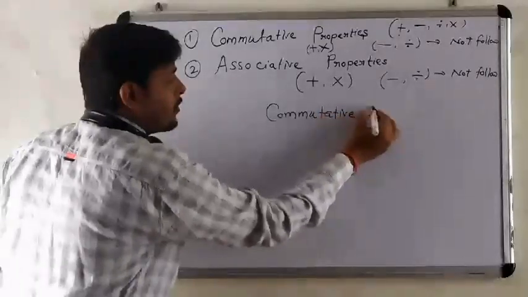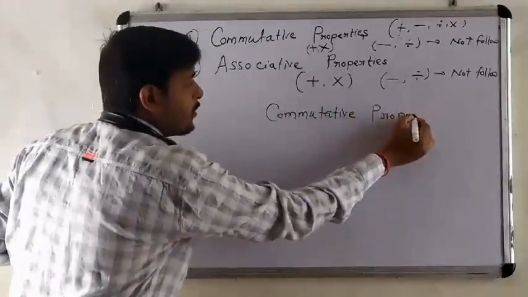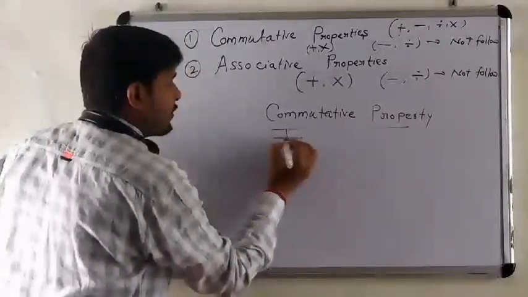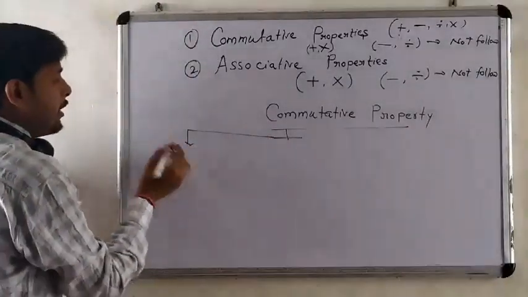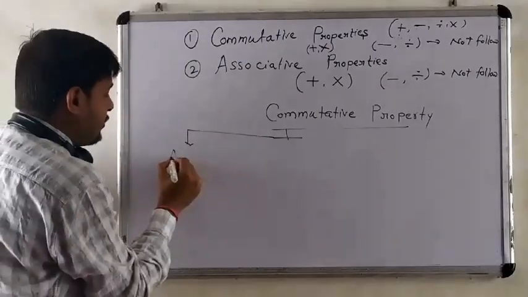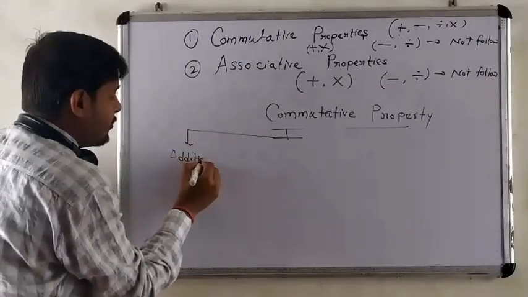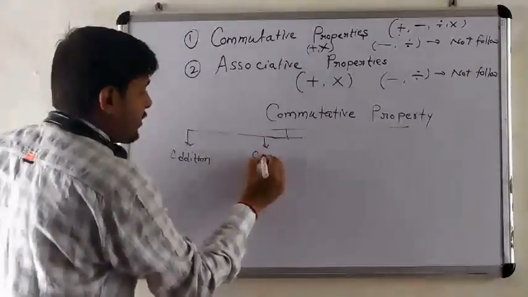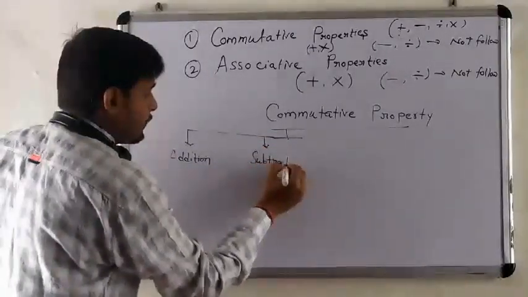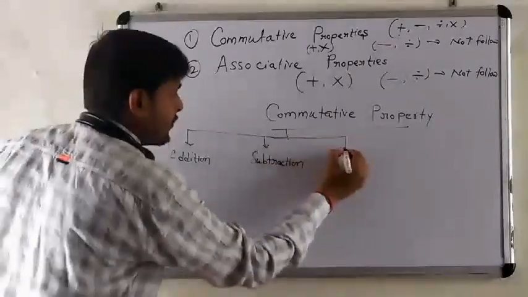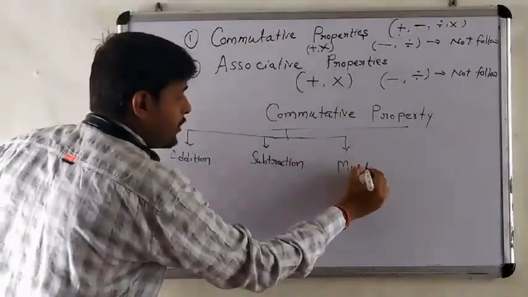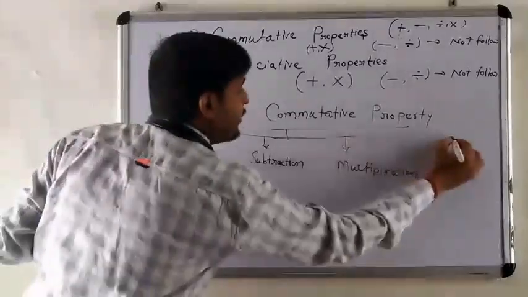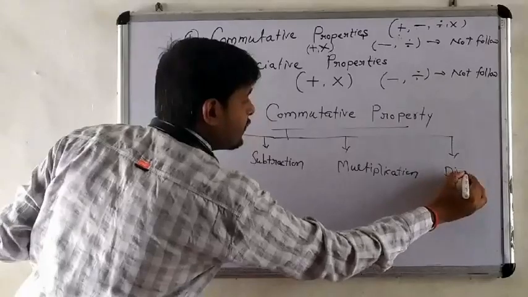Commutative property. As I already told, there are four basic operations: addition, subtraction, multiplication and division.